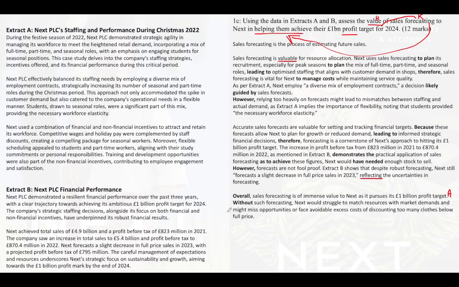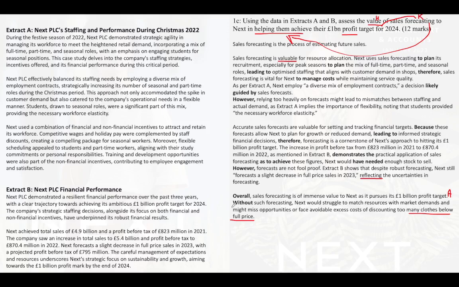Without such forecasting, Next would struggle to match resources with market demands and miss opportunities or face avoidable excess costs of discounting too many clothes below full price. Okay, again, this is contextualizing the justification, and we're considering the opportunity cost. The second best opportunity for doing forecast is obviously not doing it.